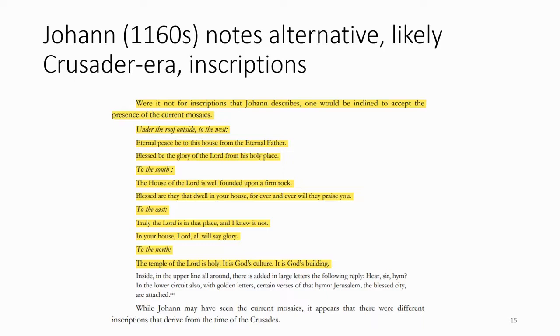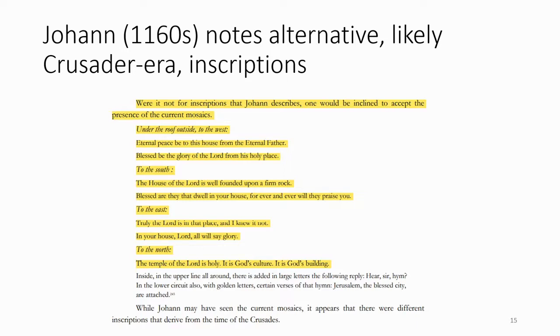So, in order for there to be something else there, at the very least, those areas in the Dome of the Rock would have had to have these inscriptions removed and replaced by something else, and yet there's no acknowledgement of the fact that those mosaics must be from after this period.